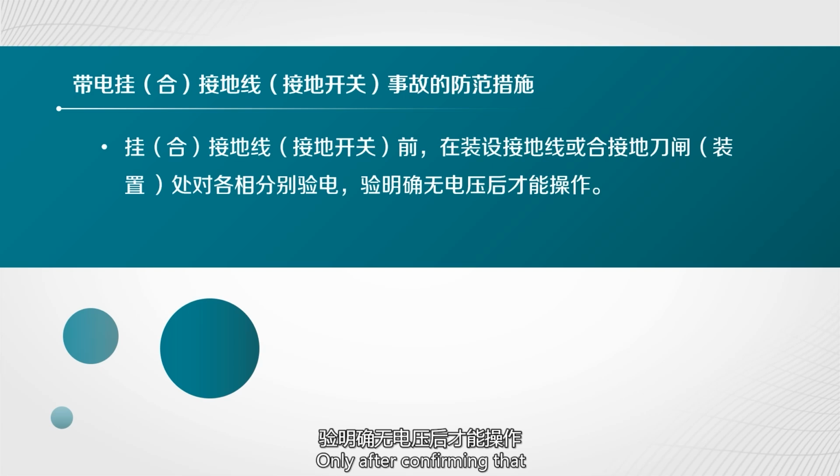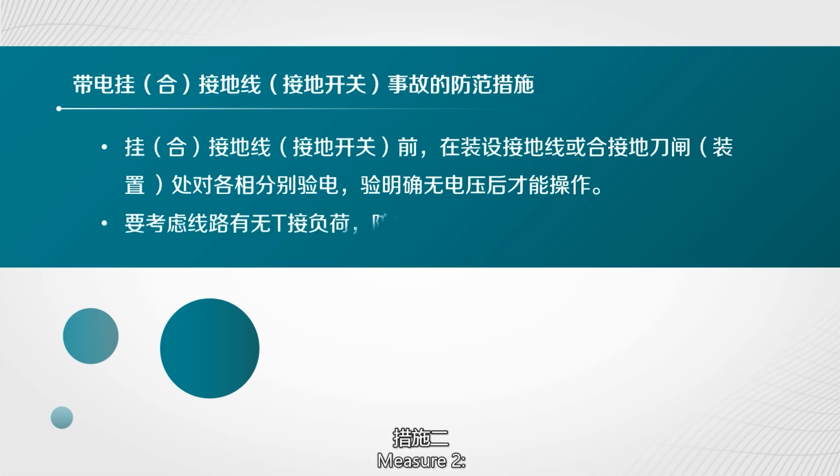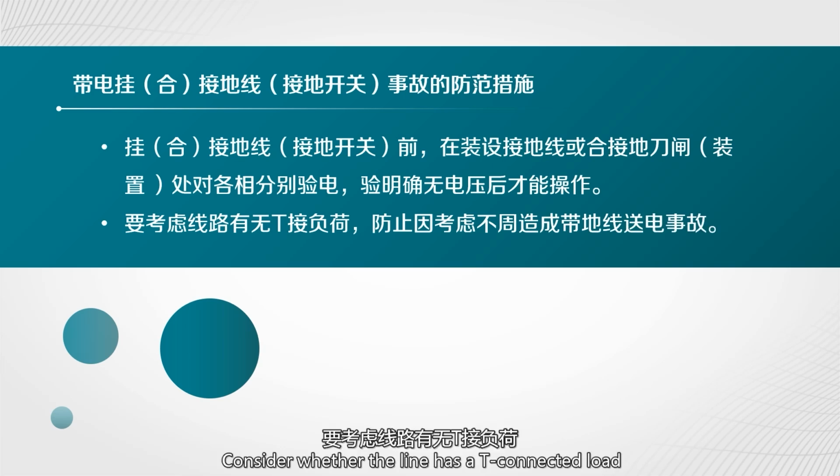Only after confirming that there is no voltage can the operation be carried out. Measure 2. Consider whether the line has a T-connected load to prevent power transmission accidents caused by poor consideration.